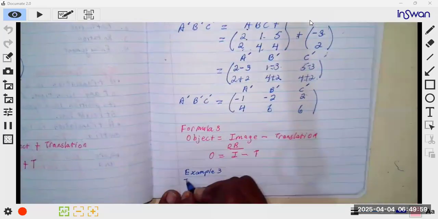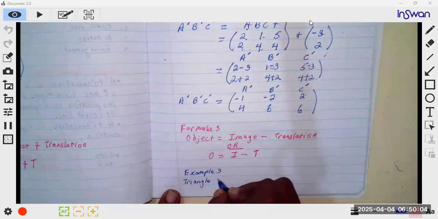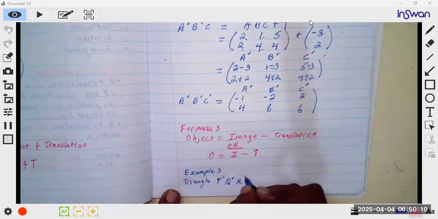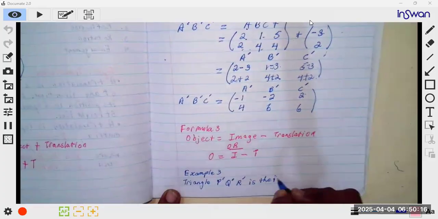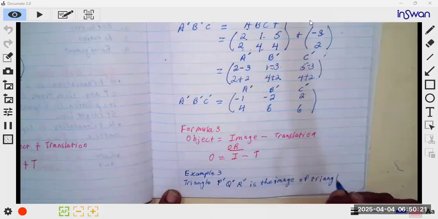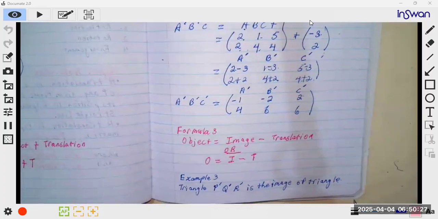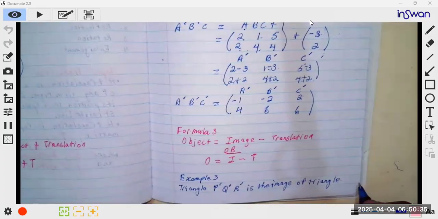So triangle P prime, Q prime, R prime is the image of triangle PQR. Oh, I'll need to turn the page. Tama, wanna turn the page. My second go ahead.